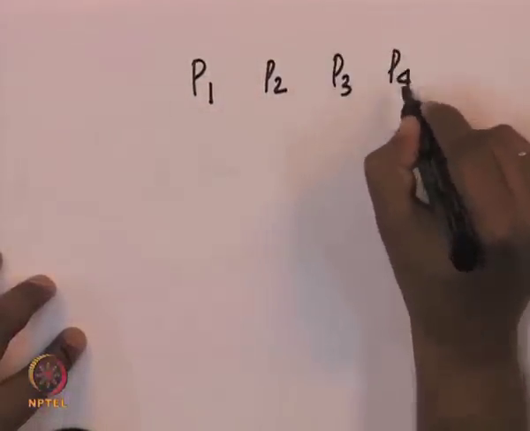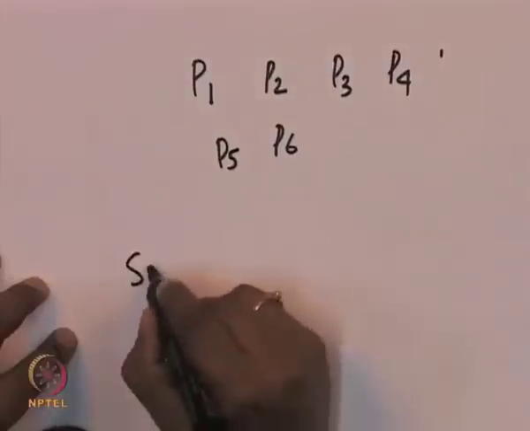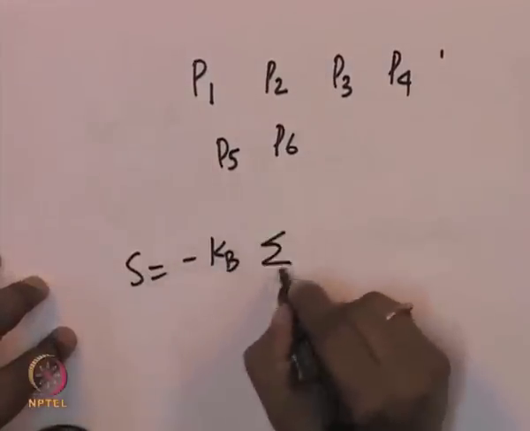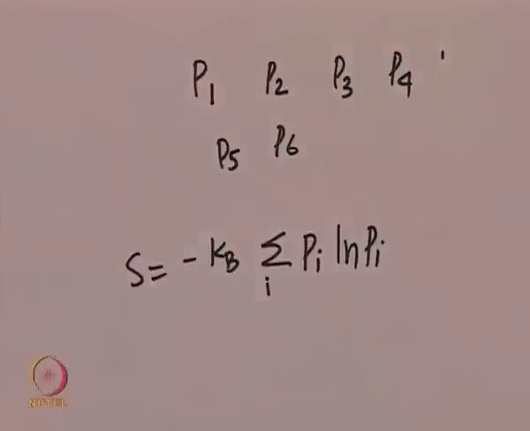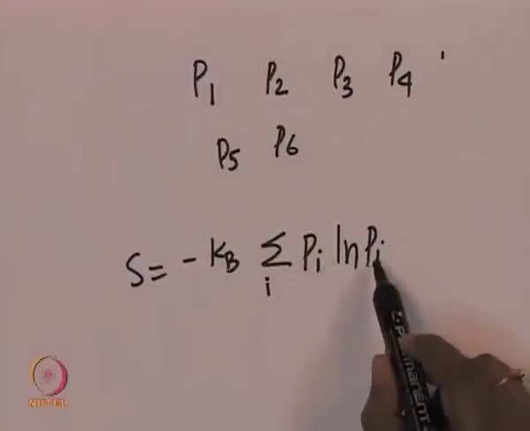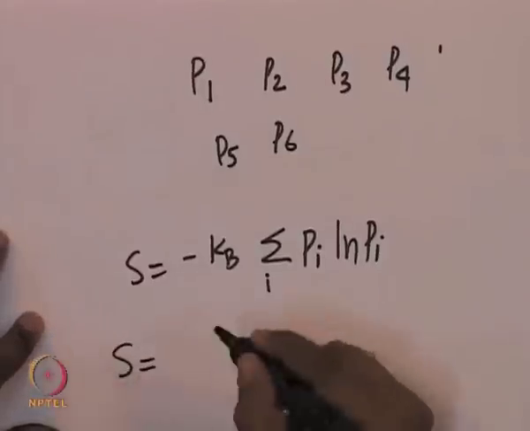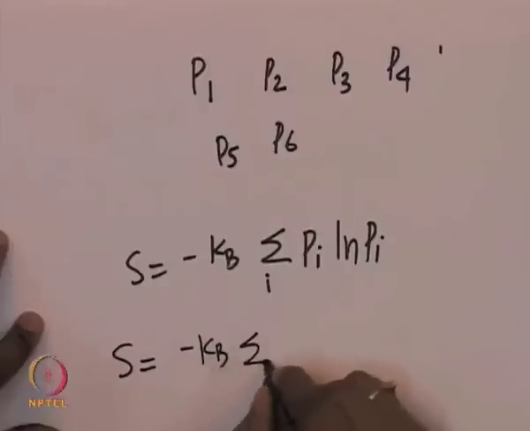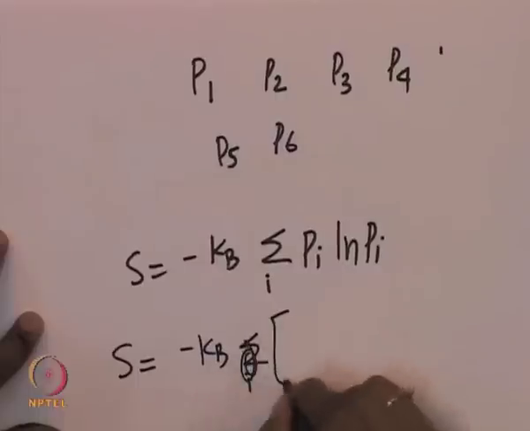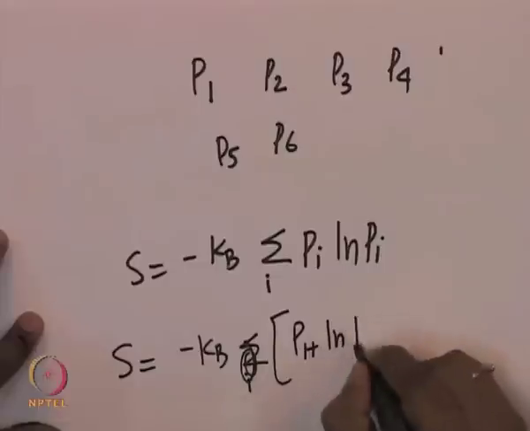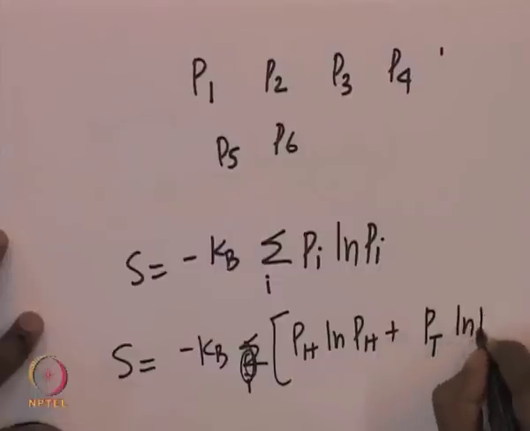the probability of 3, all of these are different. If they are different, then the entropy is given by the formula S = minus kB sum over i of Pi log Pi, where Pi is the probability to have state i. For the case of a coin, S will be minus kB times the sum, which would mean probability of head times log probability of head, plus probability of tail times log probability of tail.